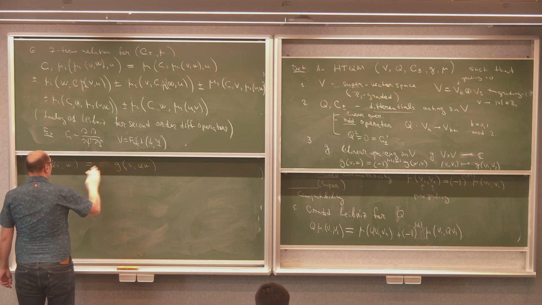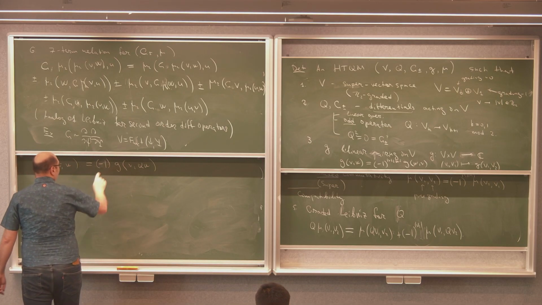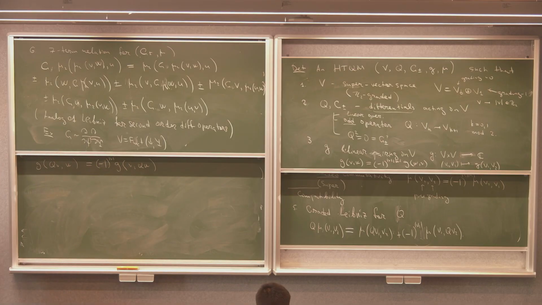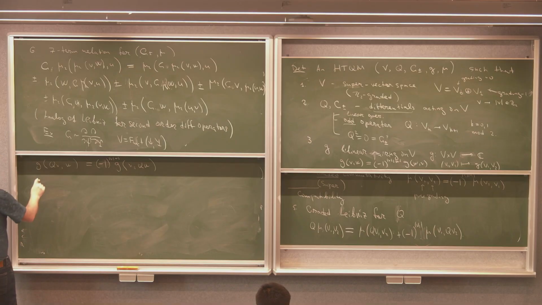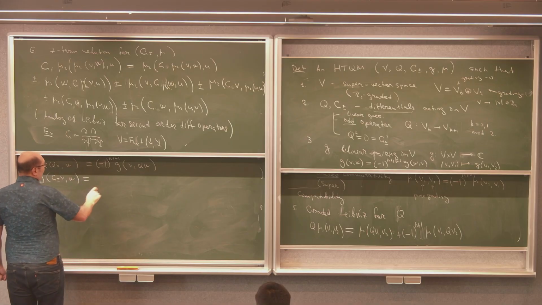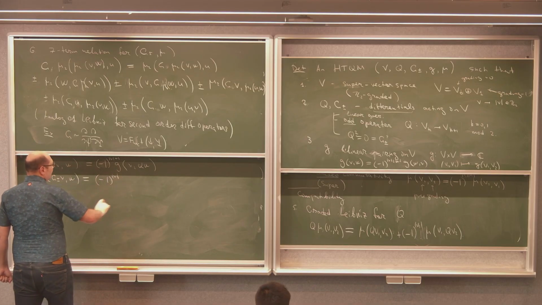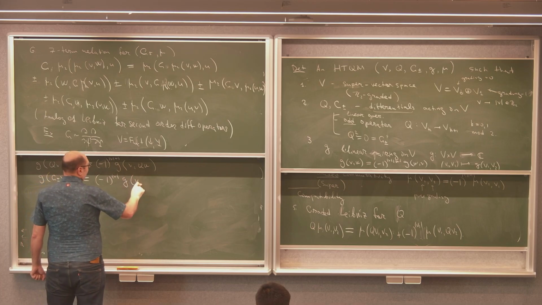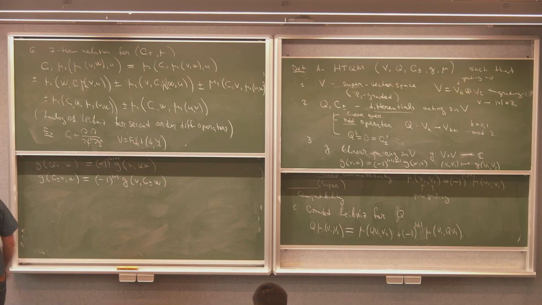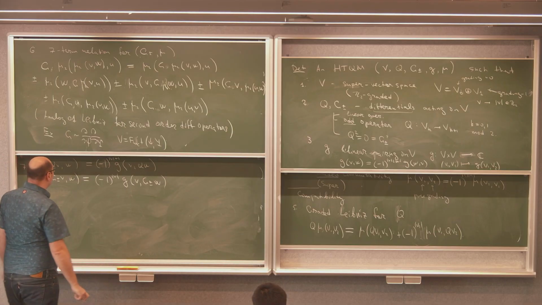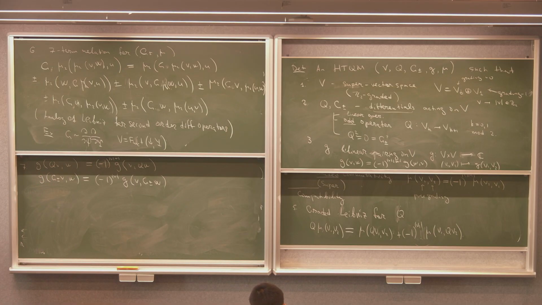Here we want a sign which is -1 to the parity of p, but let me double check because this sign is important and it's easy to make mistakes. So for q we want a sign like this, and for g plus minus we want the sign to be different, like this. So that is property 7.